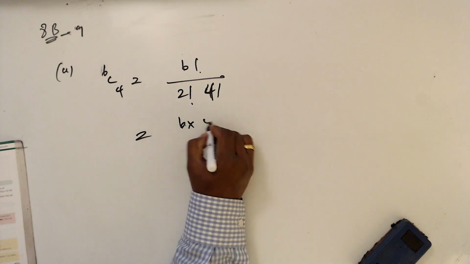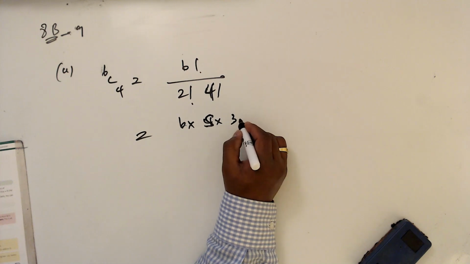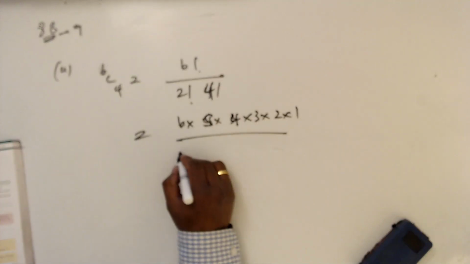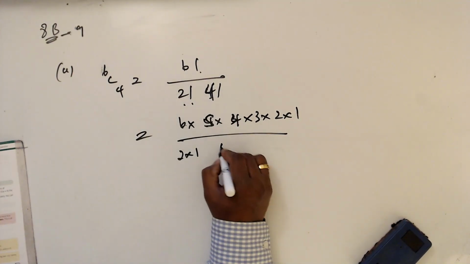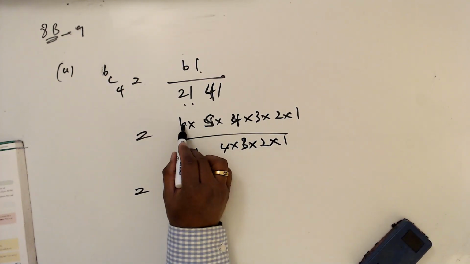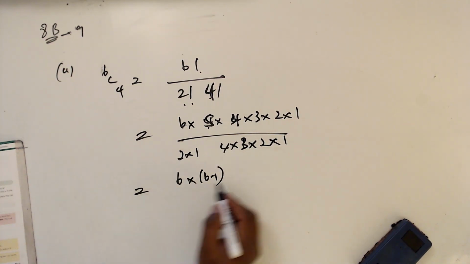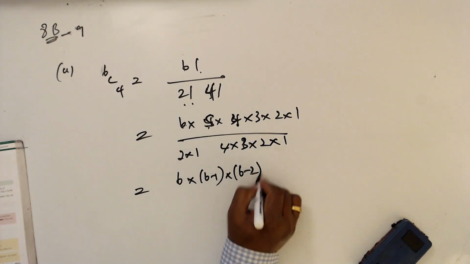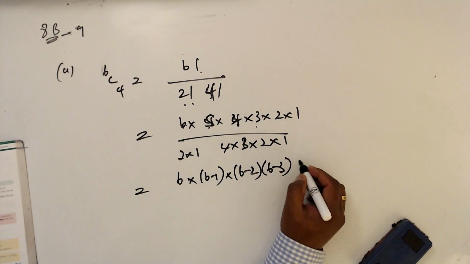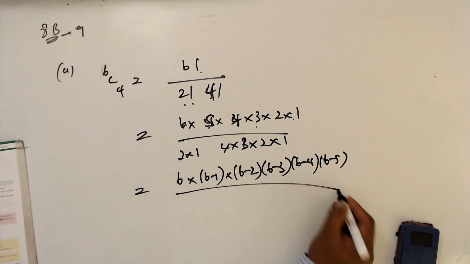So this is 6 times 5 times 4 times 3 times 2 times 1 over 2 times 1 and 4 times 3 times 2 times 1. Can I write 5 as 6 minus 1? Can I write 4 as 6 minus 2, this one as 6 minus 3, 2 as 6 minus 4, and this as 6 minus 5, in terms of 6?